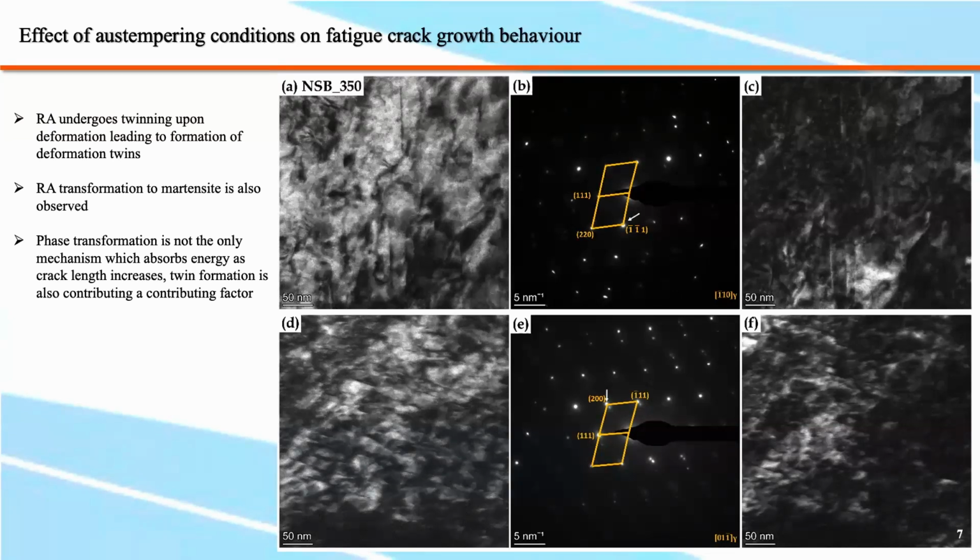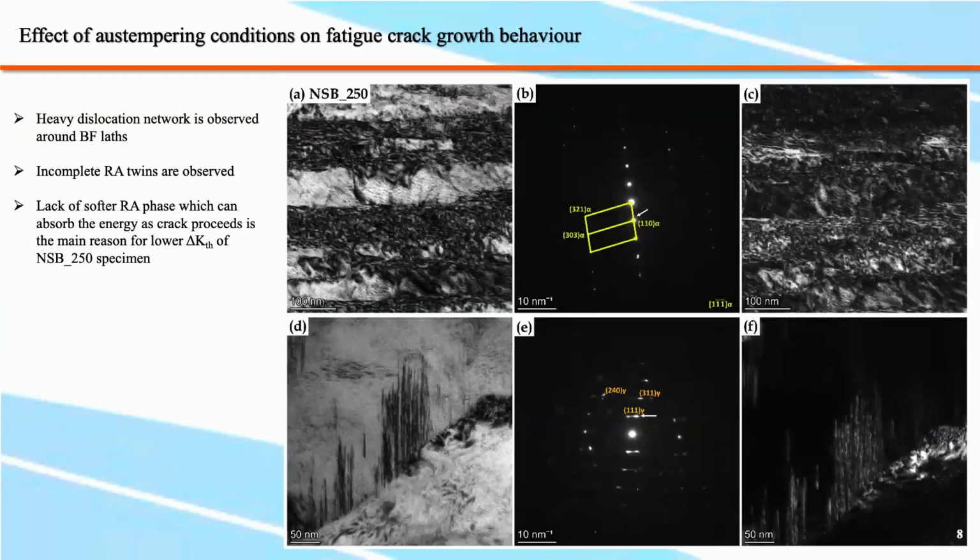But let's not get ahead of ourselves and look at what the other sample, which does not have a high amount of retained austenite, has to offer. So this here is the TEM imaging which we observed for the specimen that has a higher bainitic ferrite fraction. We observed that the bainitic ferrite that was present had undergone significant deformation, with presence of a heavy dislocation network inside and around the bainitic lens.